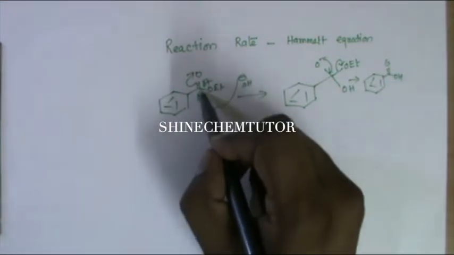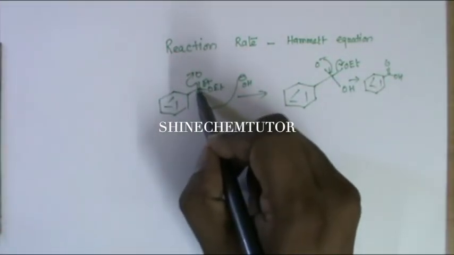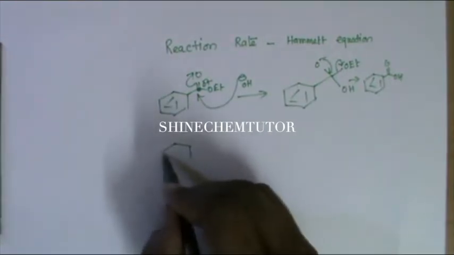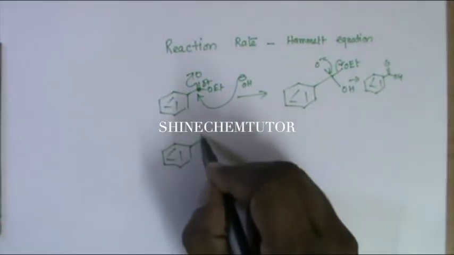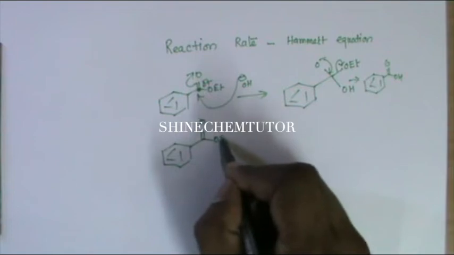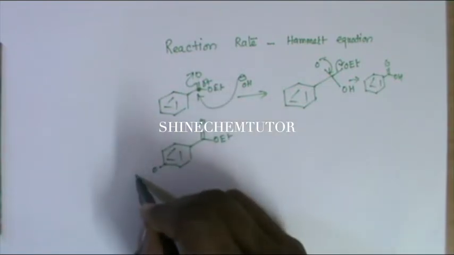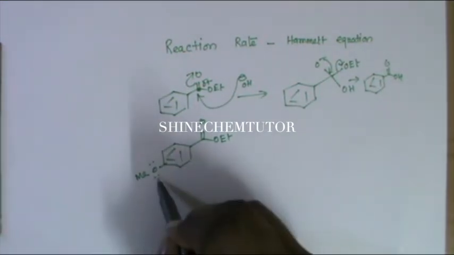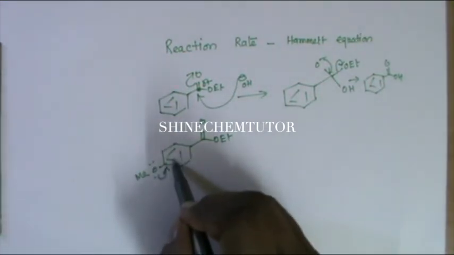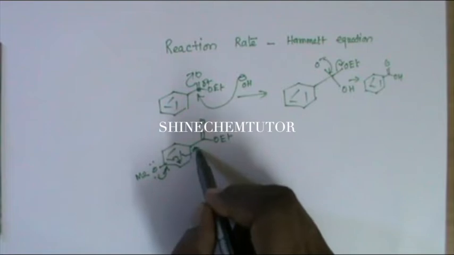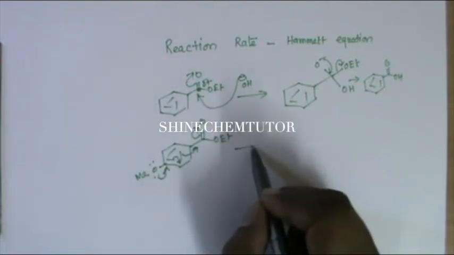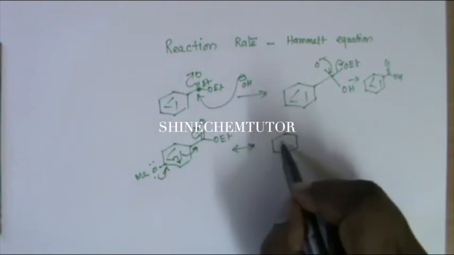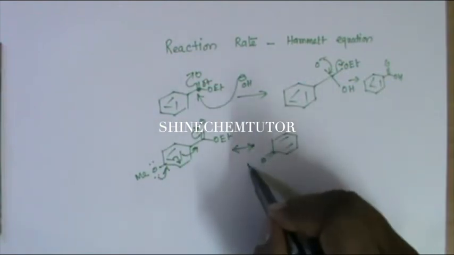Now, the higher the delta positive on this carbon, the higher will be the rate. If I add an electron donating group here, this lone pair of electrons will go inside and it will reduce the positive charge on that carbon.